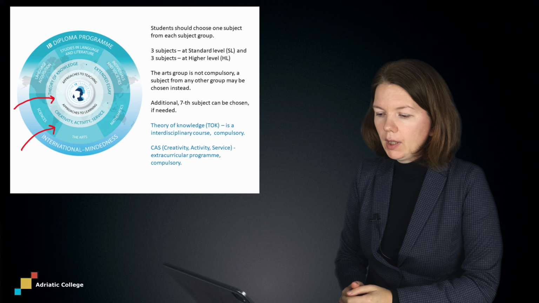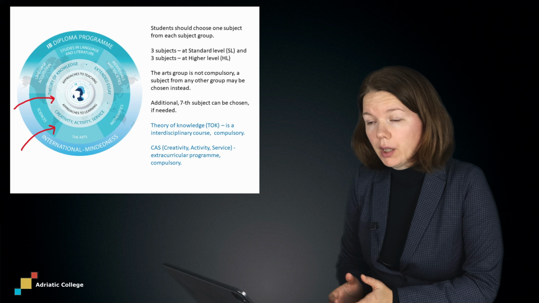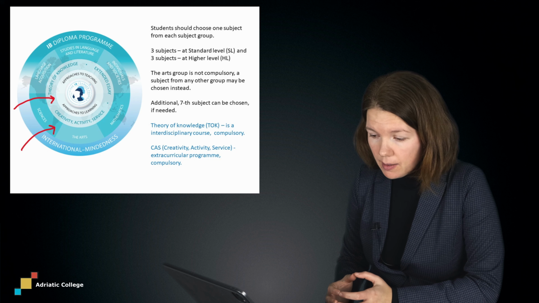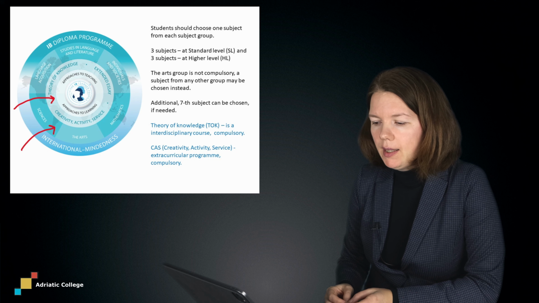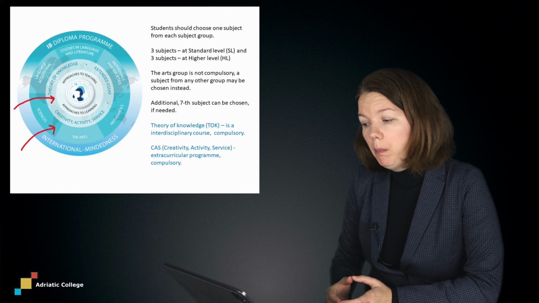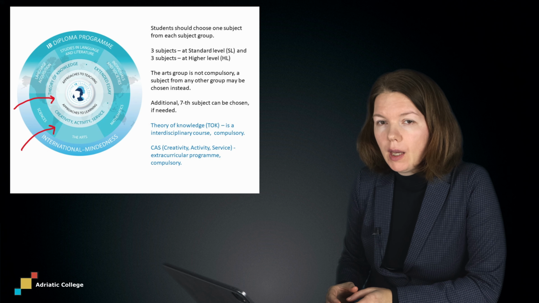Now let me direct your attention to another circle at this visual representation, an inner one from the subject group circle, and you see it contains theory of knowledge, extended essay, and creativity activity service. What is it? Extended essay is another extended research work that should be completed above other research works done within subject groups.